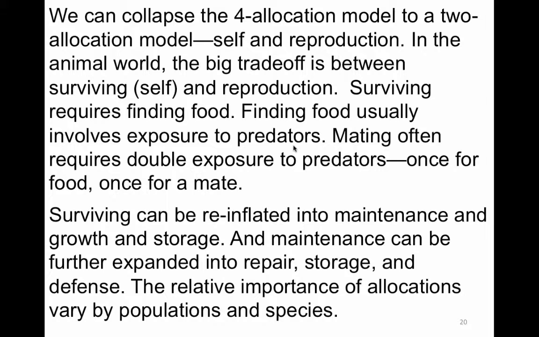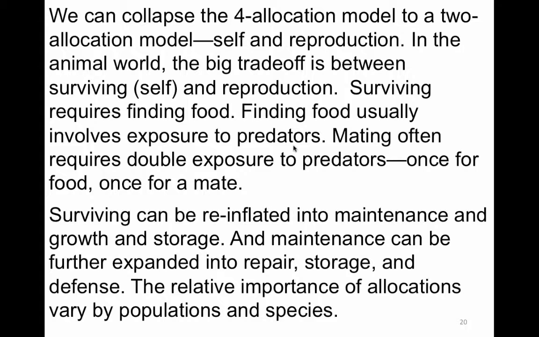We can collapse the four allocation model into a two allocation model: self and reproduction. In the animal world, the big trade-off is between surviving and reproduction. Surviving requires finding food. Finding food usually involves exposure to predators. Mating often requires double exposure to predators, once for food to survive and once for a mate.